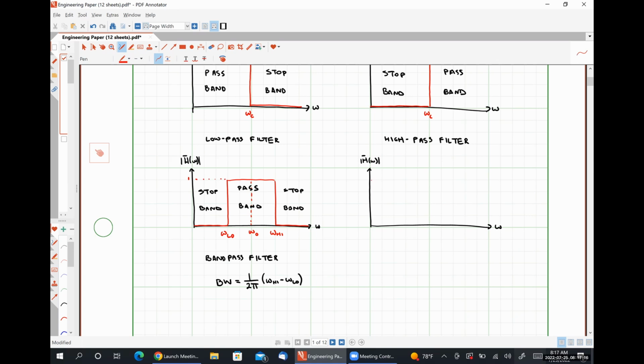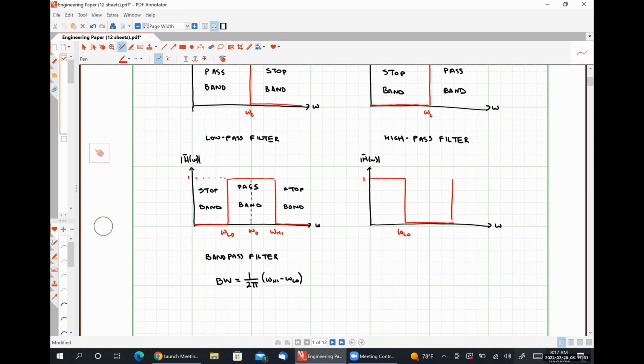So in this filter, we are going to have a pass band, or we're going to pass all signals until we reach omega low, at which point we begin attenuating. And then when we hit omega high, we're going to start passing signals again. This circuit also has a center frequency omega naught.